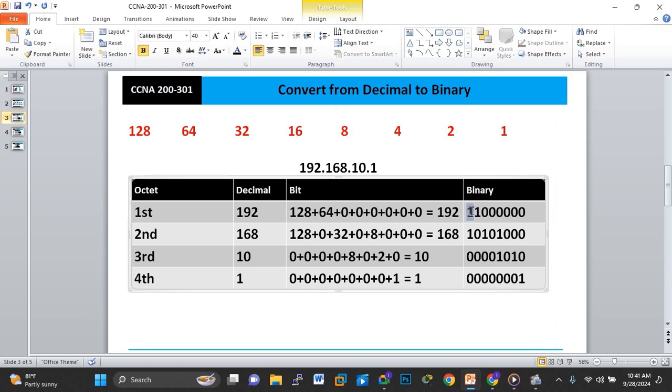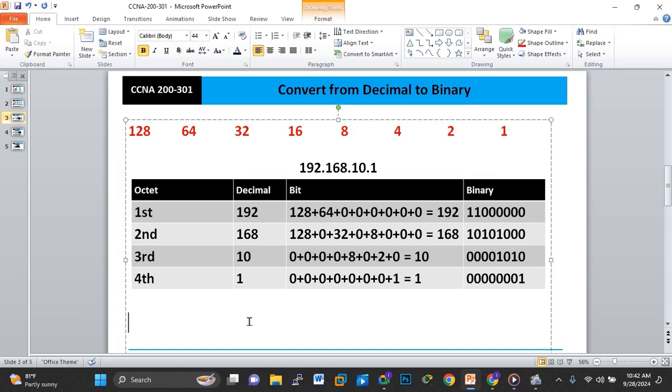If you see the binary bit here is on, it's 1. Let's indicate it down here. Because 192 is bigger than 128, meaning 128 can go into 192, the bit is on.